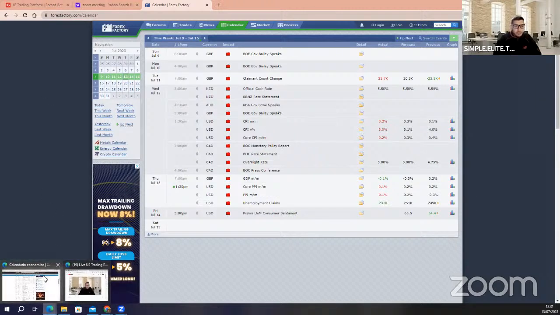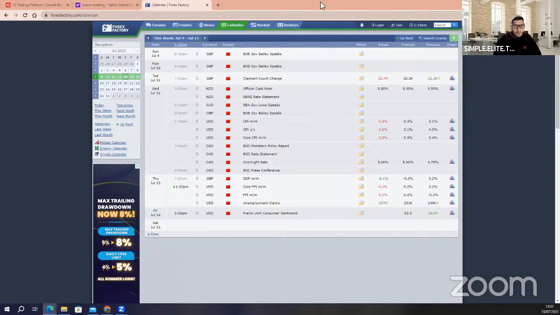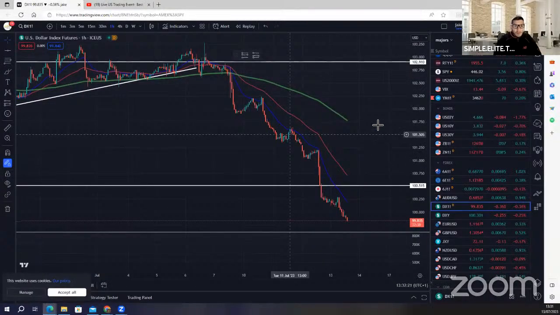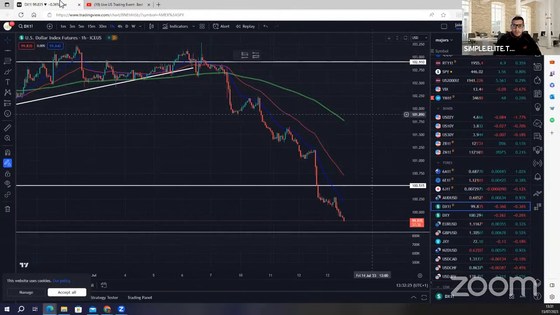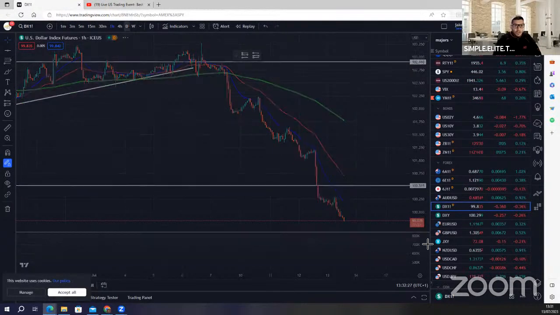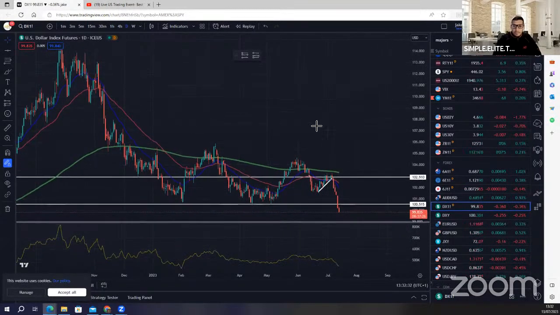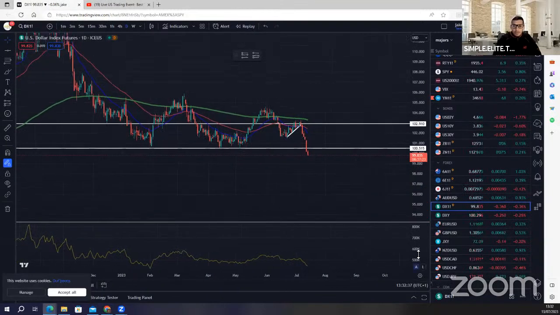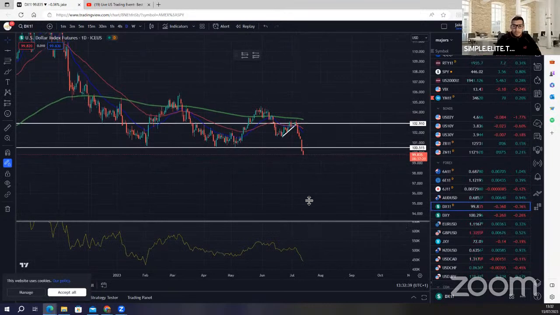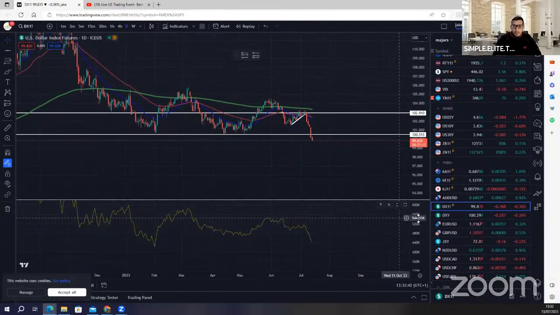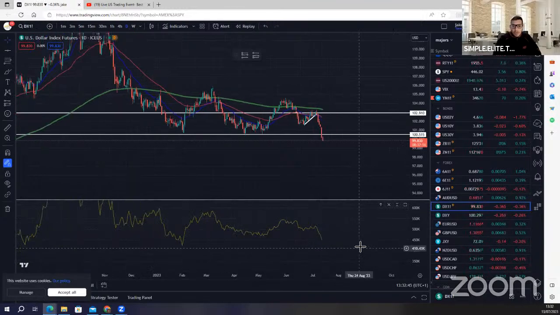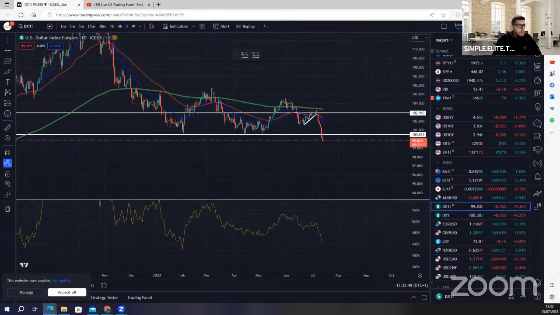Let me bring up the TradingView chart. Okay, so this is the dollar index futures chart, where I can put my more indicator, which is the accumulation distribution line, at the bottom.